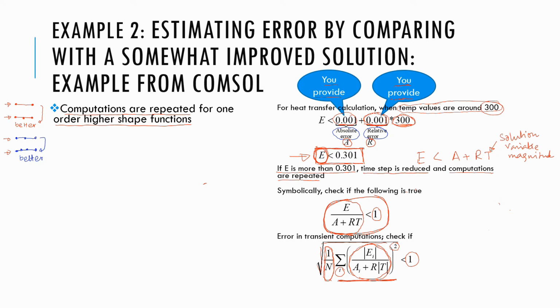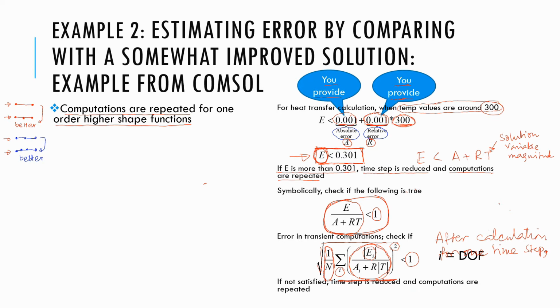If that is not satisfied, meaning after calculation for one time step, the error calculated does not satisfy this, then the time step is reduced and the computations are repeated.